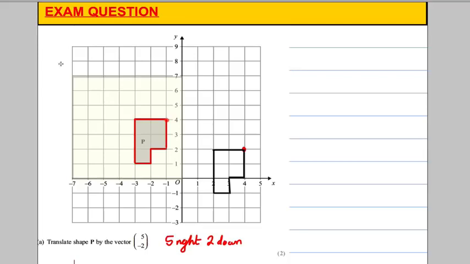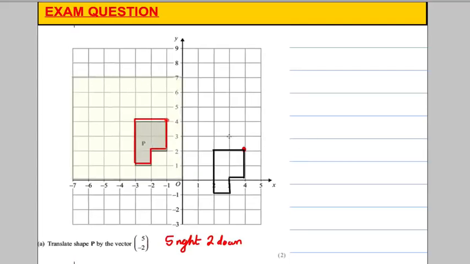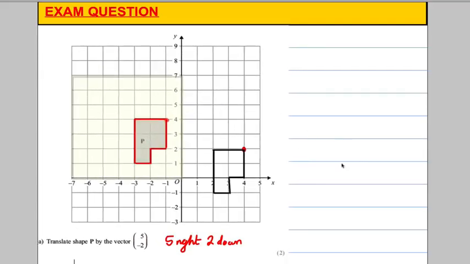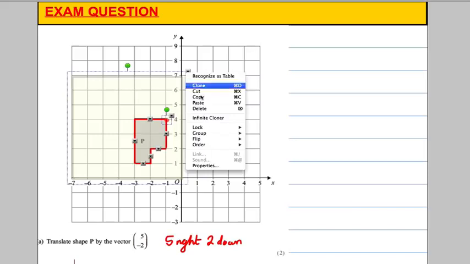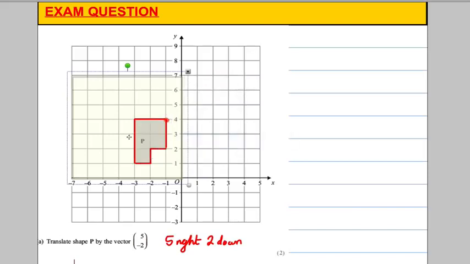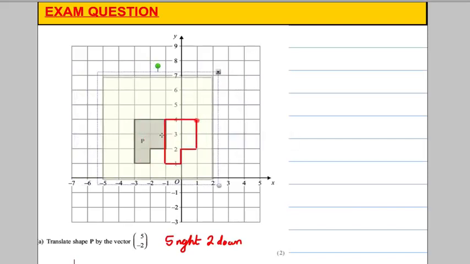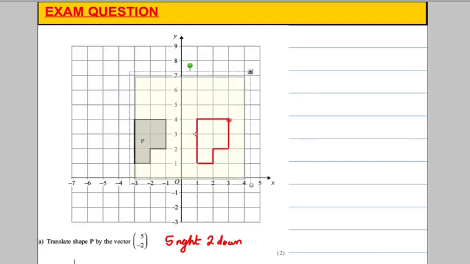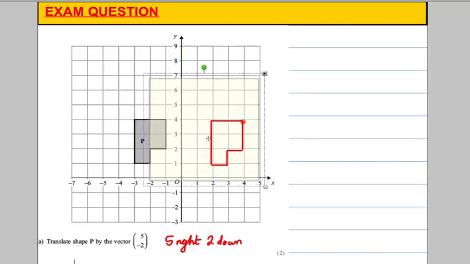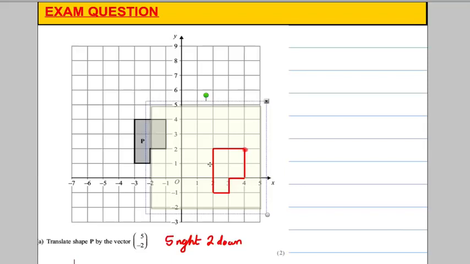And then all I'd have to do here is to go 1, 2, 3, 4, and 5, and then 2 down, 1 and 2, and there we go.